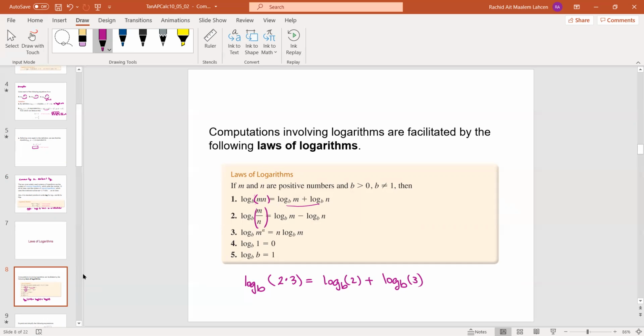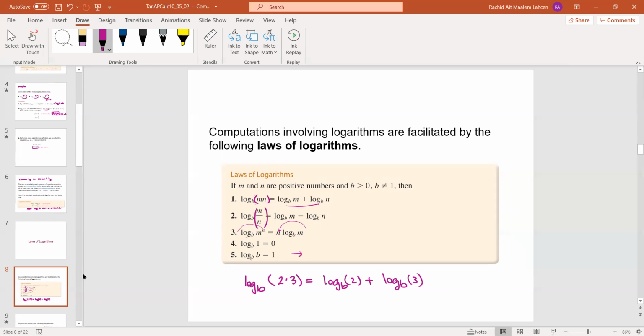For exponents, if you have two exponents, you multiply. So here, a similar thing. You have the log of m power n. So what happens is this n comes to the front, right? That's how you would simplify that. The logarithm of 1 is 0, and the logarithm of b, while the base is b, is 1.